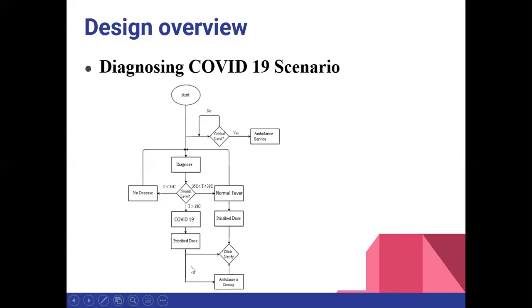In the meantime, the clinic will also be notified that the ambulance is dispatched and is on its way. So now let's move to Packet Tracer to do the demo for diagnosing COVID-19.